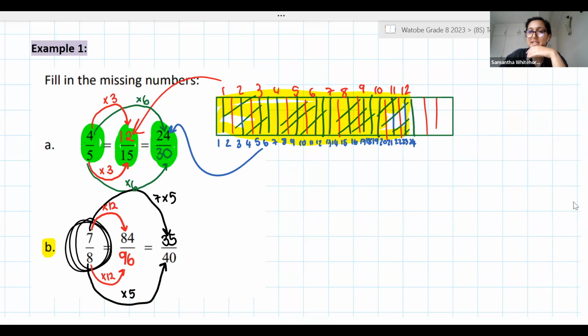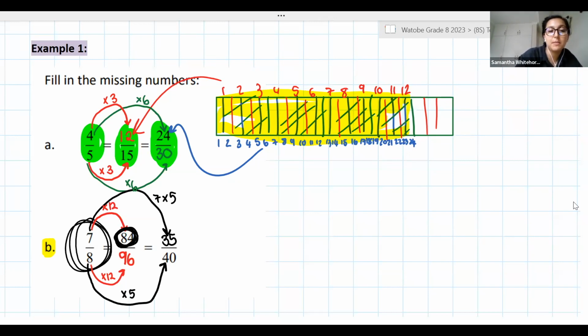Yes, ma'am. My answers say 48 and 21. Okay, how did you get those? I said 7 multiplied by 3, I get 48. And 8 multiplied by 40, I get 21. Okay, so just be careful. We're not working with 48, we're working with 84.